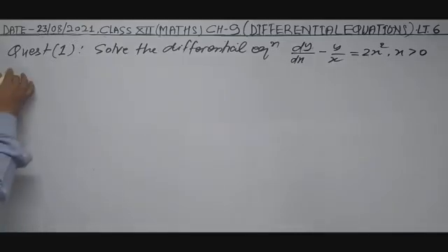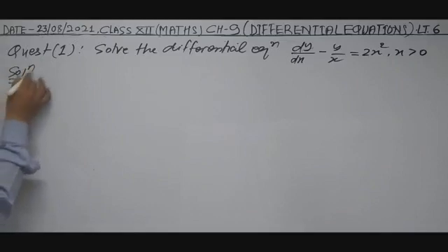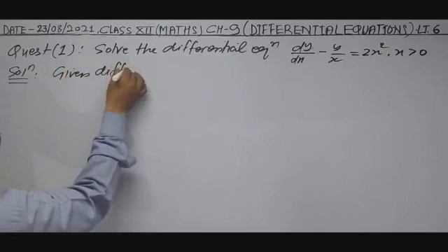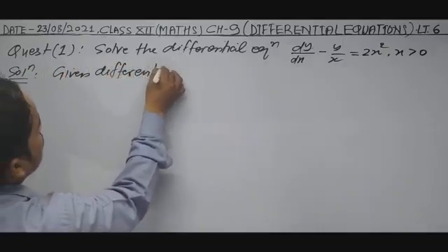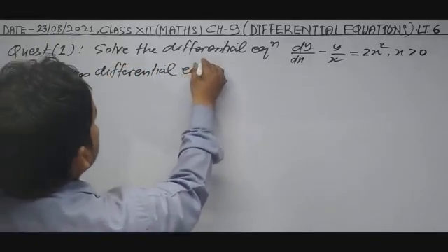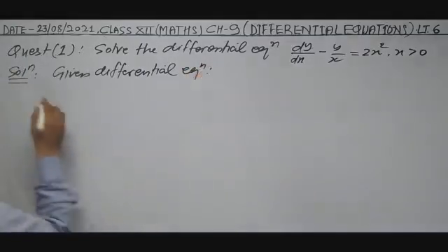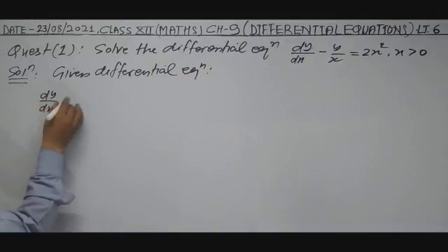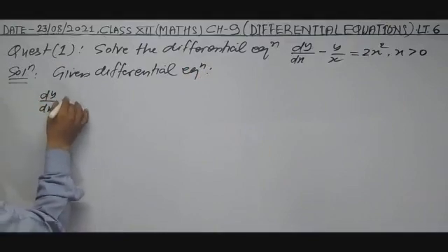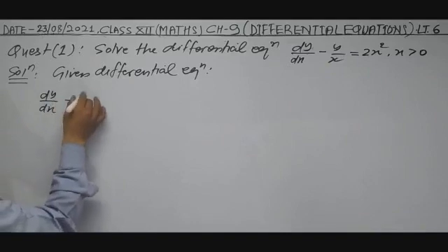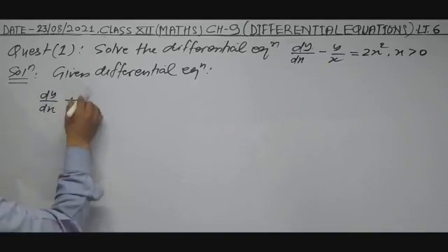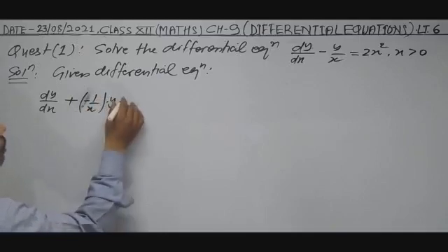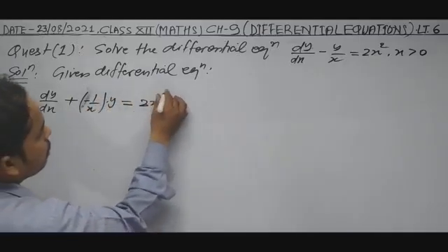Now the given differential equation, that is dy by dx plus minus 1 by x times y is equal to 2x square.